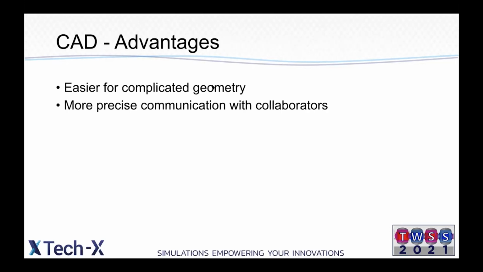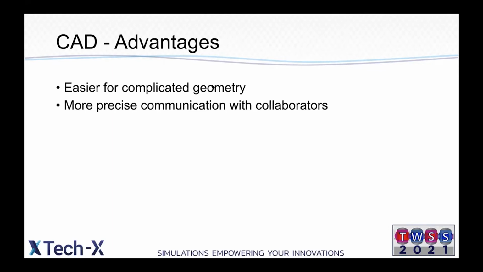The advantages of CAD is clearly it's going to be easier for complicated geometry with some caveats. And then it's more precise communication with the people that you're working with. You know, if an engineer sends you a CAD file, that's a lot simpler than them telling you the location of every single corner and the radius of curvature of all the objects, that sort of thing.